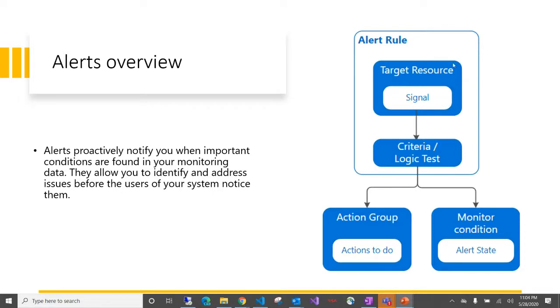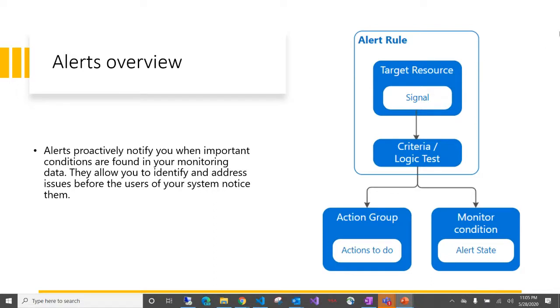Say, for example, I connect to my VM, then we have to configure the signal. What I mean by the signal is any metric or Log Analytics log which we can make use of to give a kind of threshold. Suppose, for example, I need to create an alert when the CPU utilization is more than 70%.